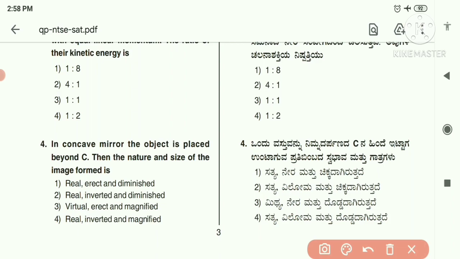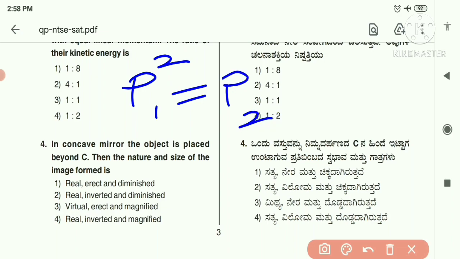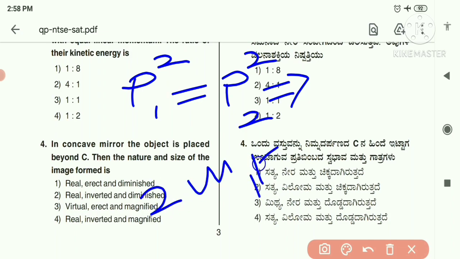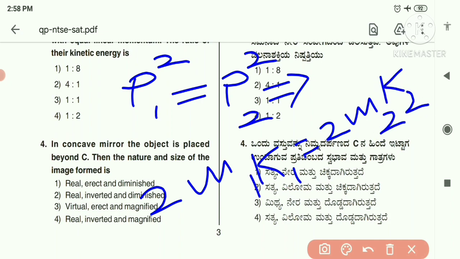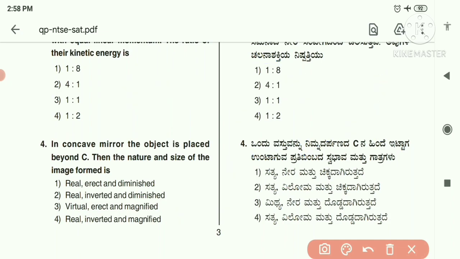First we write down the given. Linear momentum is equal. So P1 square, P2 square is nothing but equal to 2m1 K1, equal to 2m2 K2.